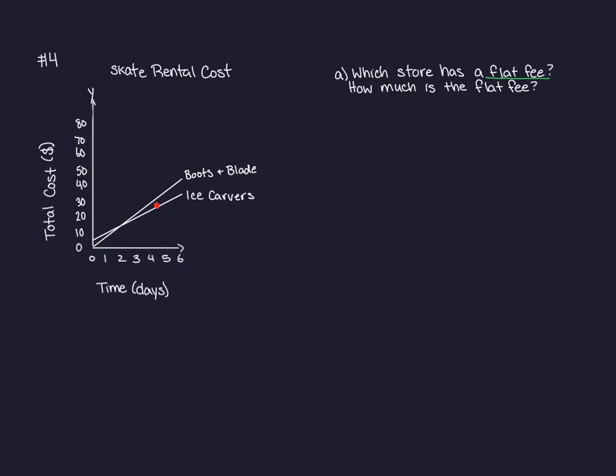But Ice Carvers, when you have rented them for 0 days, you've already been charged something. It looks about halfway between 0 and 10, and halfway between 0 and 10 is 5. Now you can put both of these answers into one sentence by simply saying that Ice Carvers has a $5 flat fee.